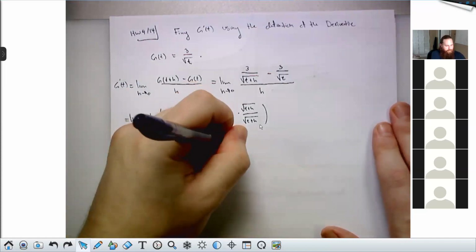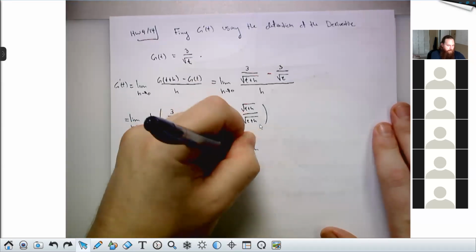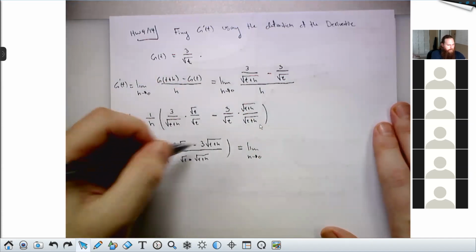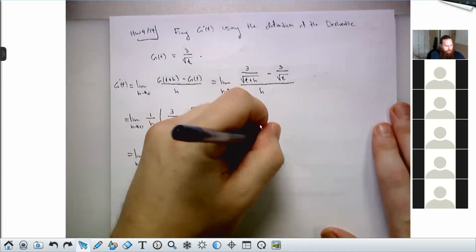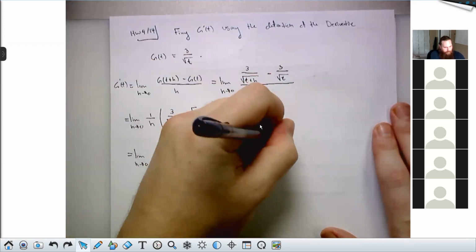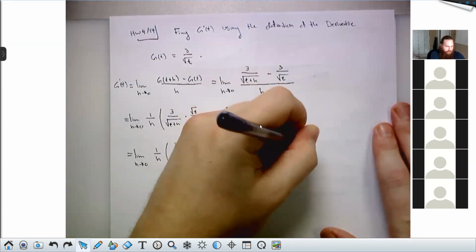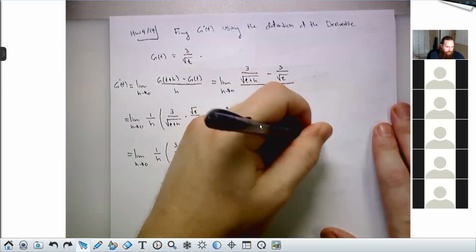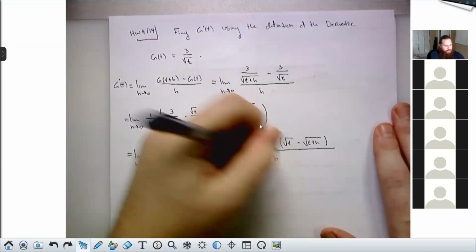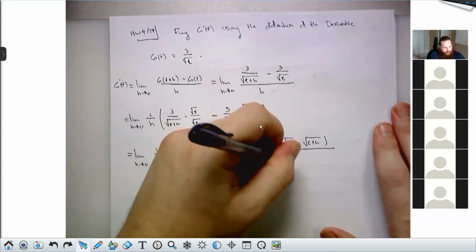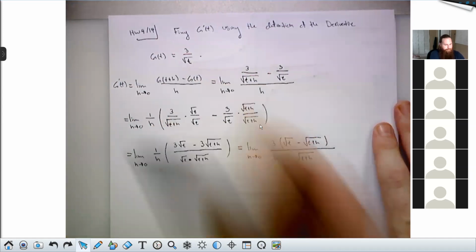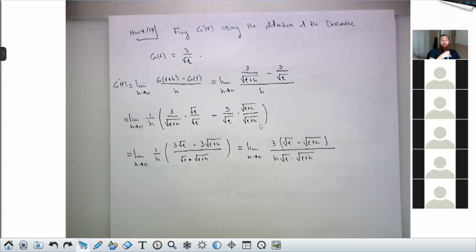But let me rewrite this as a single fraction so that it looks a little prettier. And then we'll see if anybody spots a trick that we could use. I can factor a 3 out from the top. So I'll have 3 times square root t minus square root t plus h all over h times root t times root t plus h.